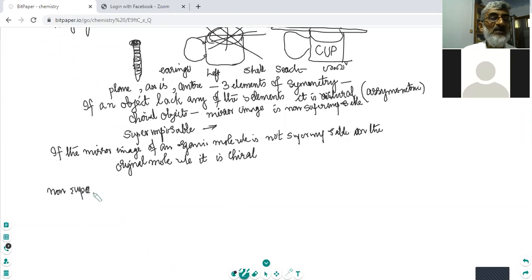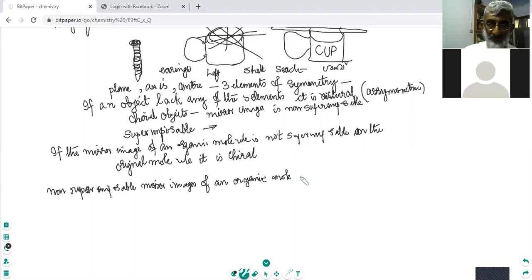So non-superimposable mirror images of an organic molecule are known as enantiomers.